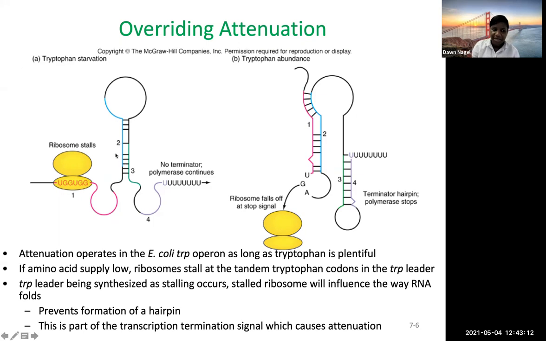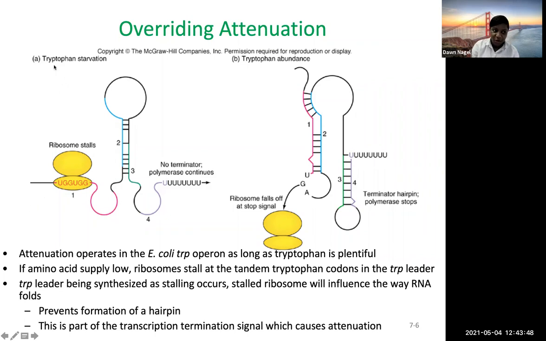So what happens is that when you have low tryptophan, because transcription and translation in bacteria occur simultaneously, you'll see how it's different when we talk about eukaryotes. As soon as this transcript is made, the ribosome comes in and starts to translate immediately. So you can imagine that RNA polymerase is somewhere here, making this transcript, and then the ribosome is coming in to start translating this transcript into a protein.